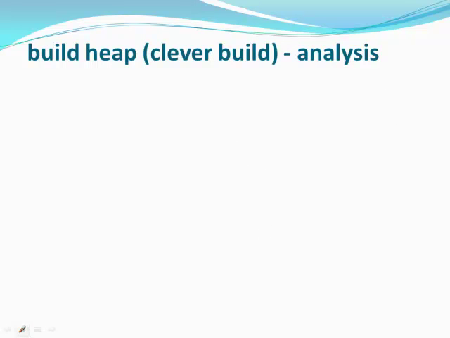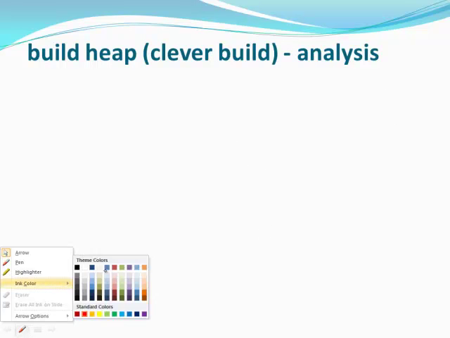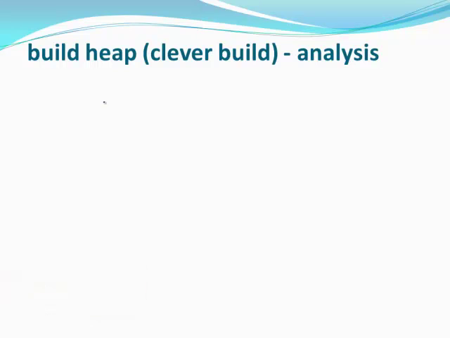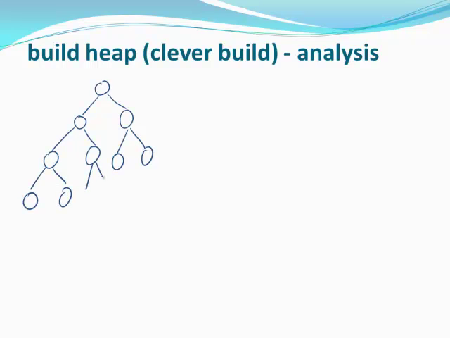Okay, so let's take a look at how we analyze the clever build process of building a heap. What we mean by clever build is that we have a tree, a binary tree, a heap that we're building, and from the previous slide we assume that the leaf nodes are already heaps by themselves.